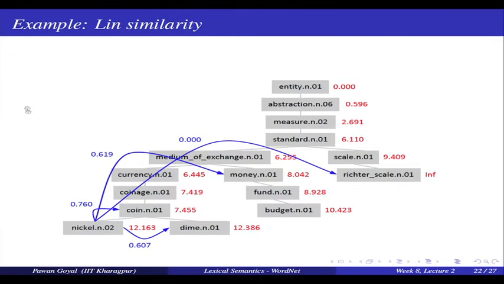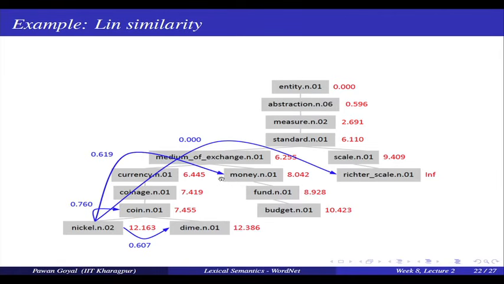Now if I take the similarity between coinage and money, this would be 6.255 times 2 divided by 7.419 plus 8.042, and if I take the similarity between coinage and budget, it will have a term of 10.423 in the denominator instead of 8.042. So immediately this similarity will become lower than this similarity.